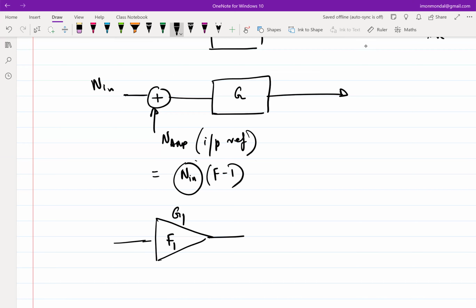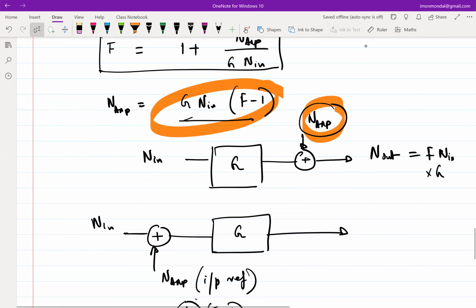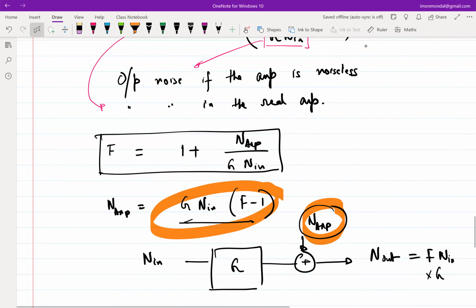Because by definition, noise factor is with respect to an input SNR or input noise, right? So again, there is a weird thing that can trigger people off if you are not careful. What is the noise factor if N in is 0? If the input source is noiseless? Infinity, right? That is weird because I cannot work with infinity, right? But why? What is the intuition behind why it is infinity?